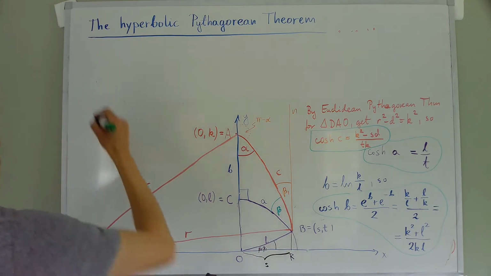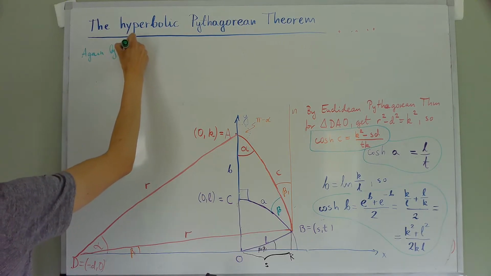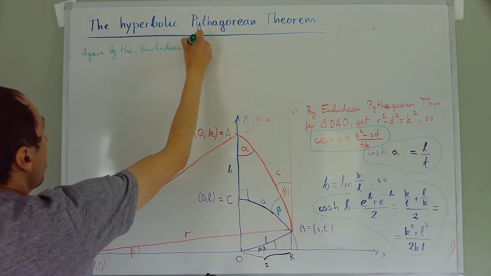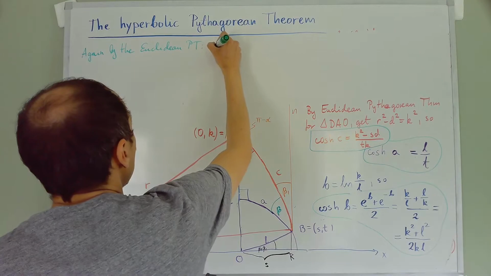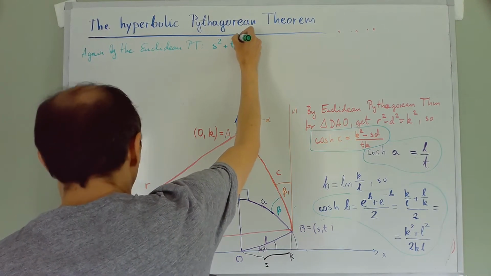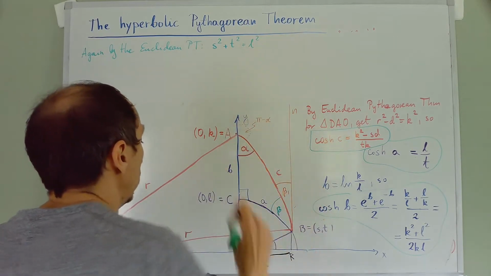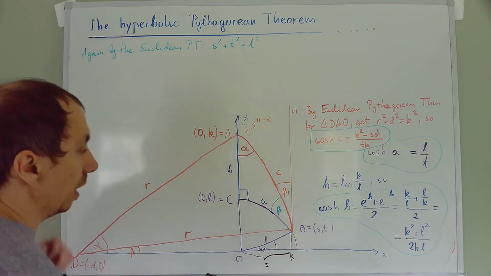So again, by the Euclidean Pythagorean theorem, we get that s squared plus t squared is equal to L squared.